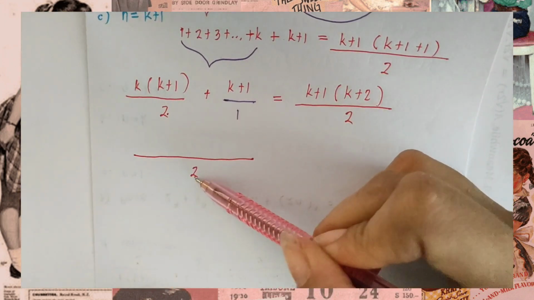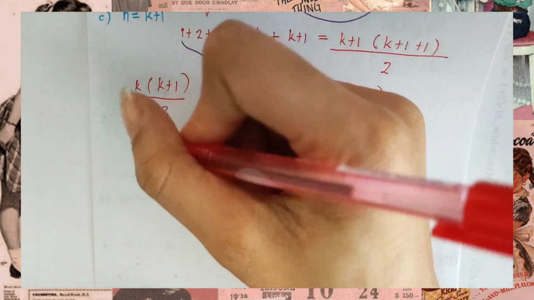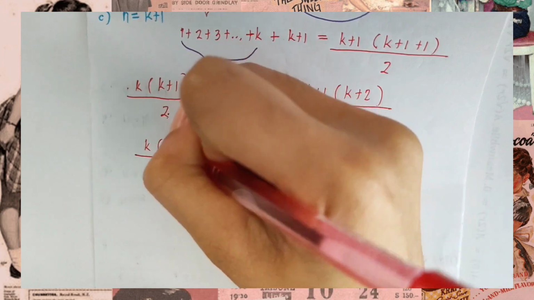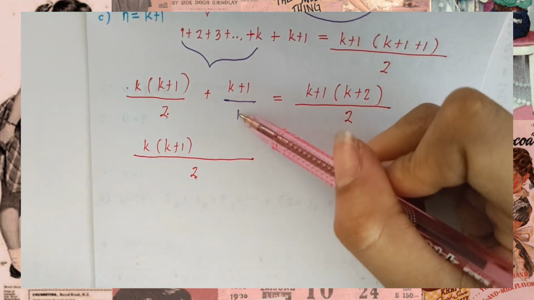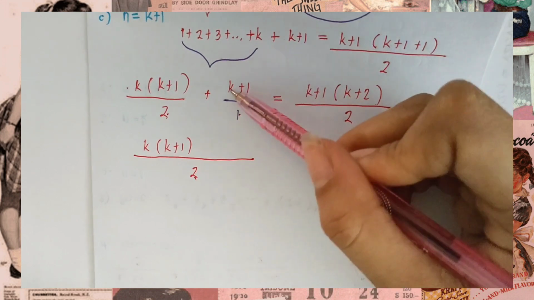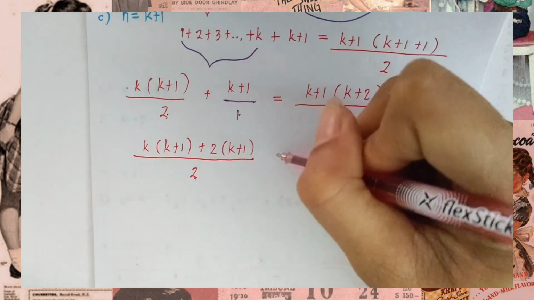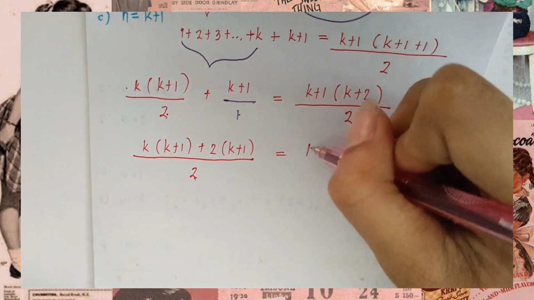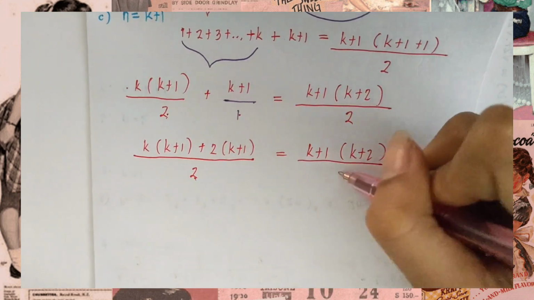I repeat, 2 divided by 2 is 1 times the numerator. It will become k times k plus 1. Next, 2 divided by 1 is 2 times k plus 1. That is 2k plus 1. Then copy the right side. K plus 1 times k plus 2 over 2.